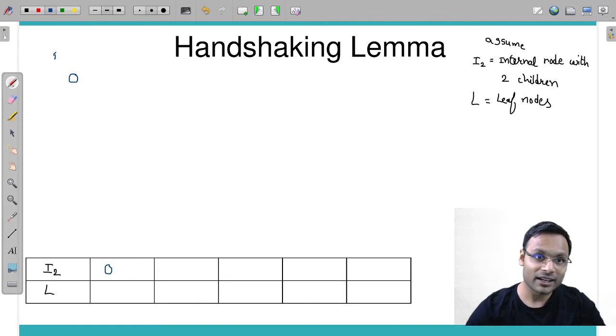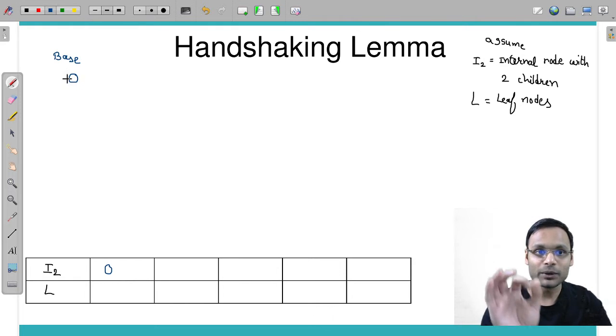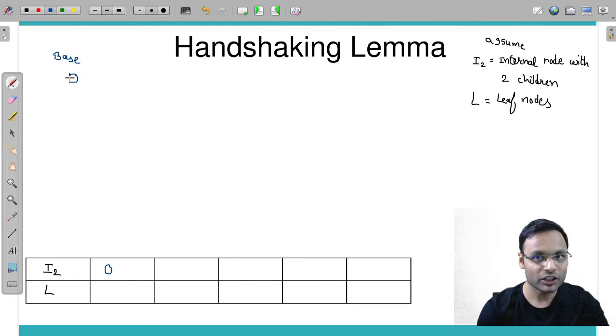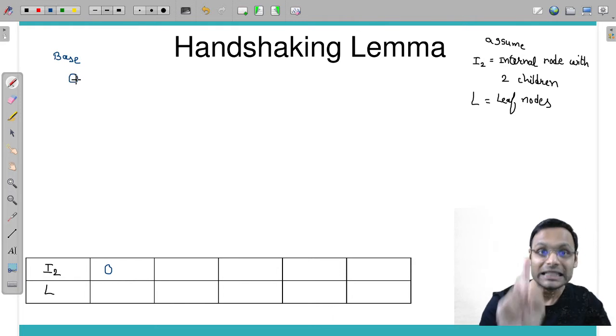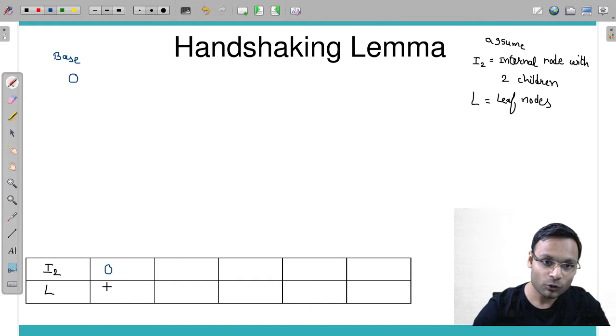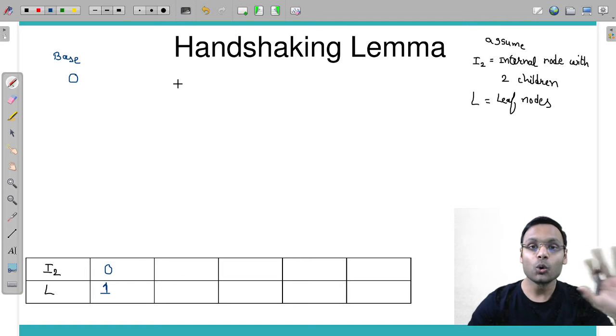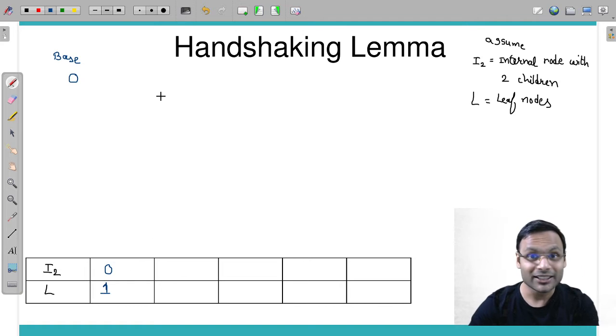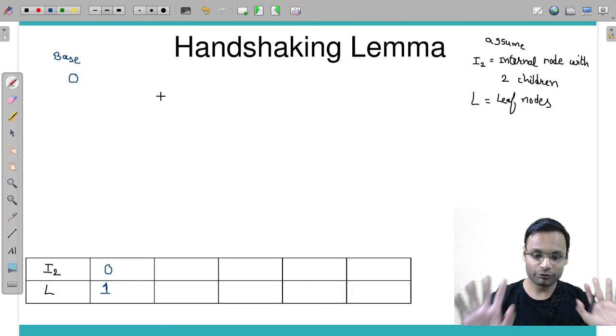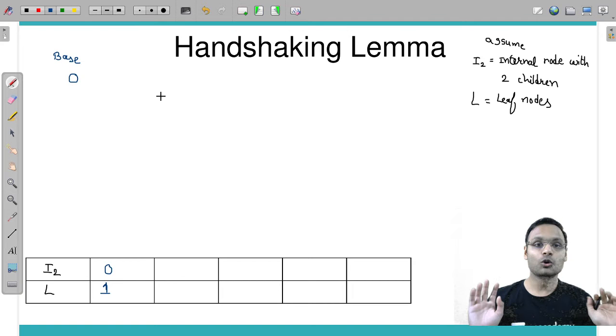This is my starting base case. A single node I have taken, not having any children, so it's a leaf node. Initially the leaf node count is 1, and right now I don't have any internal node with 2 children. Fine, let's go to the next case.